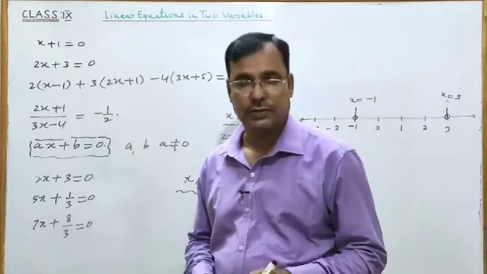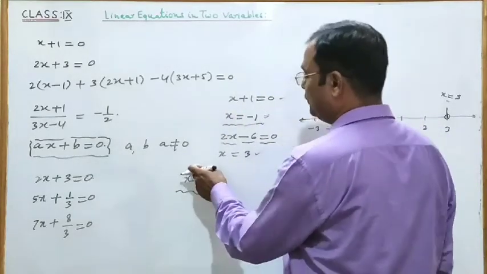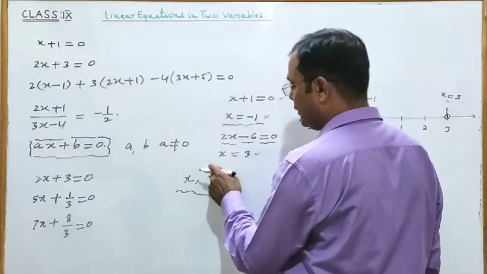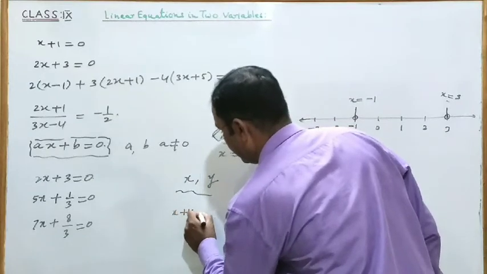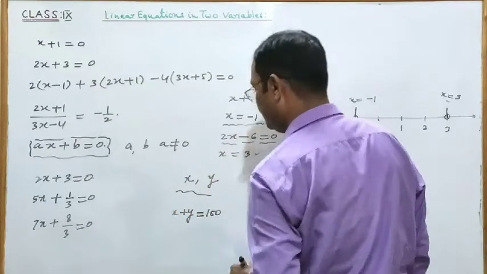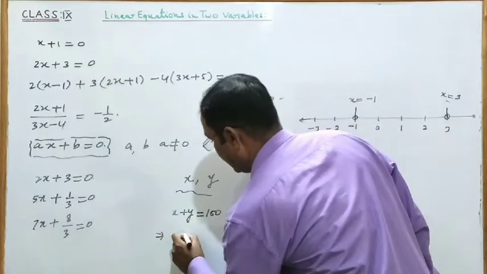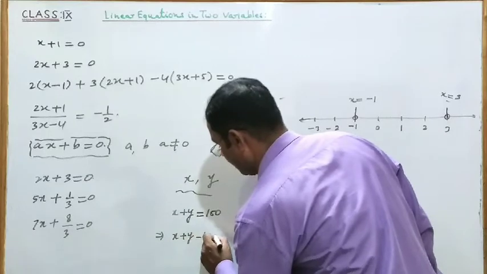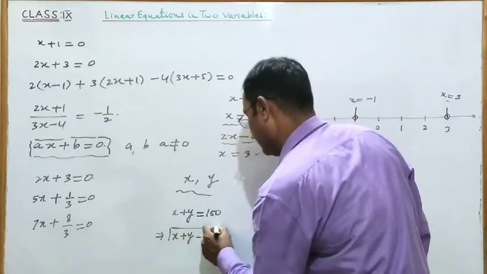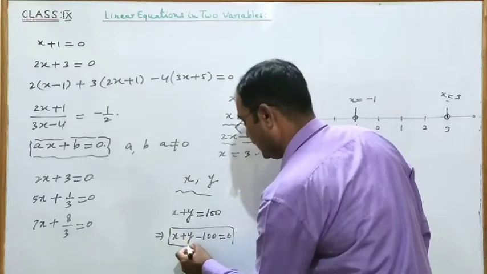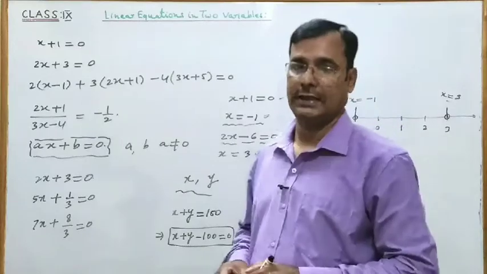So we can write this information in terms of two unknown variables x and y like this: x + y = 100, or we can write x + y - 100 = 0. Here x is the contribution of one child and y is the contribution of the other child.